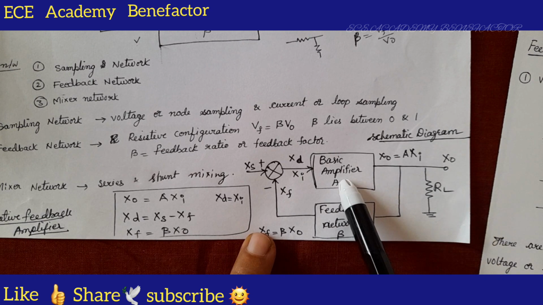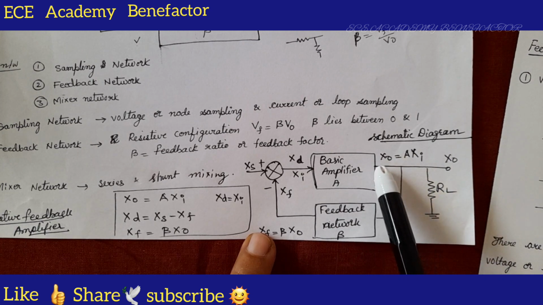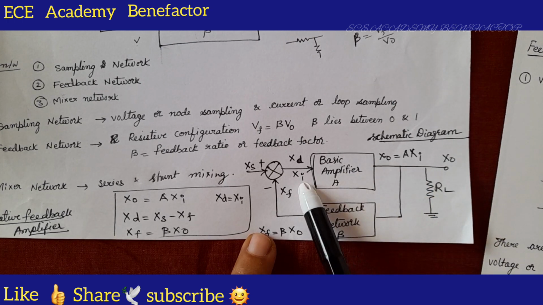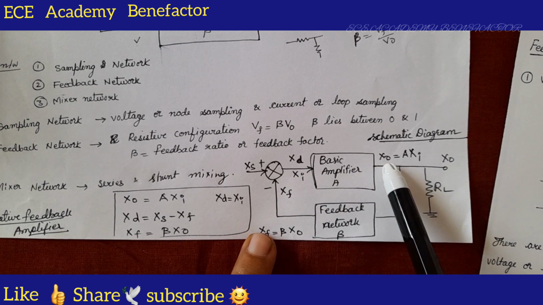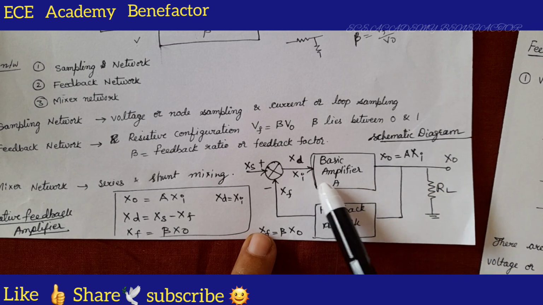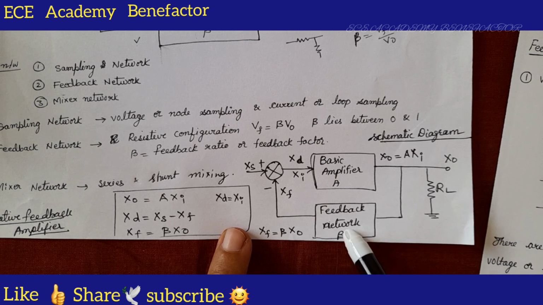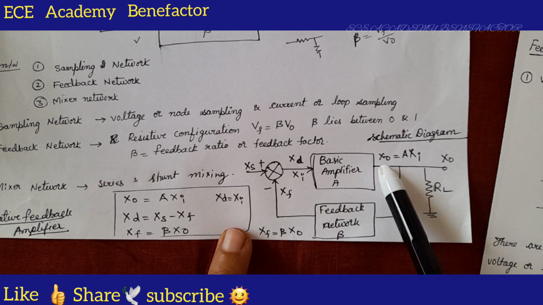So, what is the gain equation? Output by input. The amplifier gain is output X naught by input Xi. What is X naught? A times of Xi. How much feedback signal is taken? It is beta times of X naught.